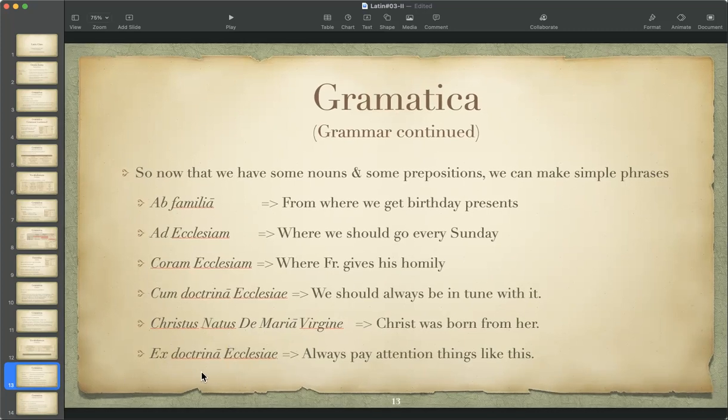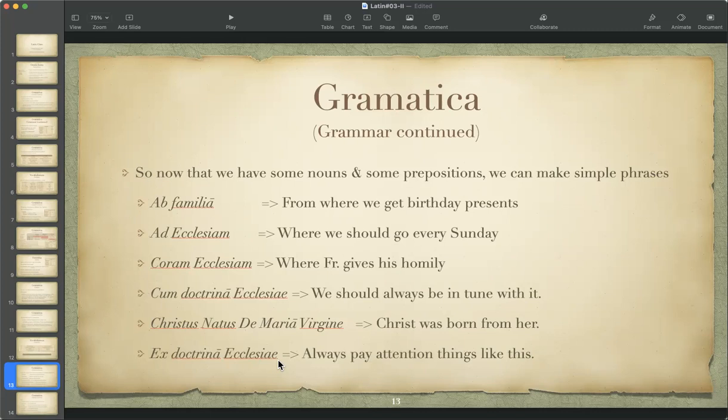And let's see, ex doctrina ecclesiae. Always pay attention to things like this. Any takers?